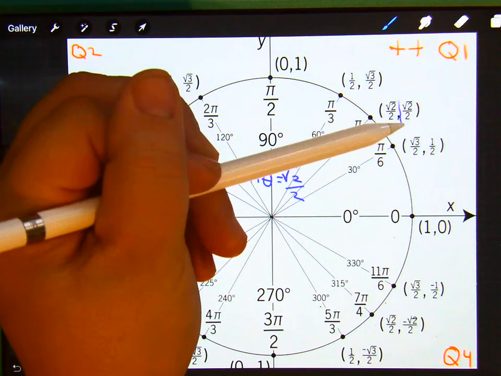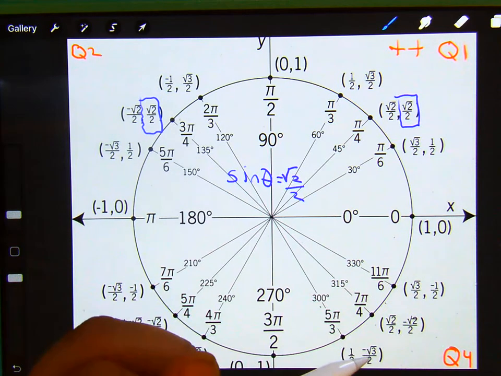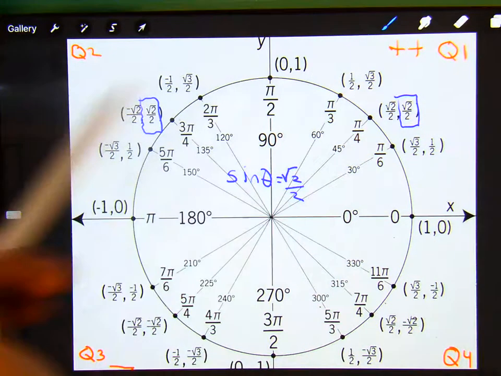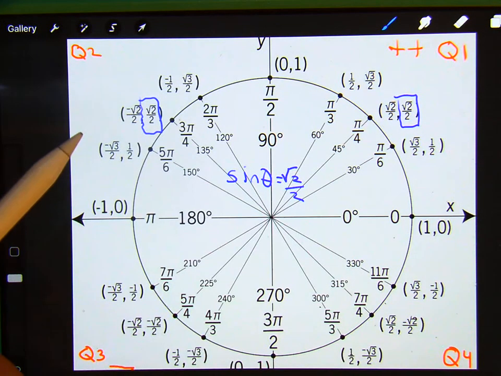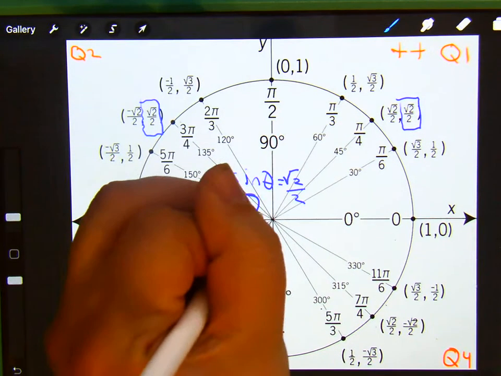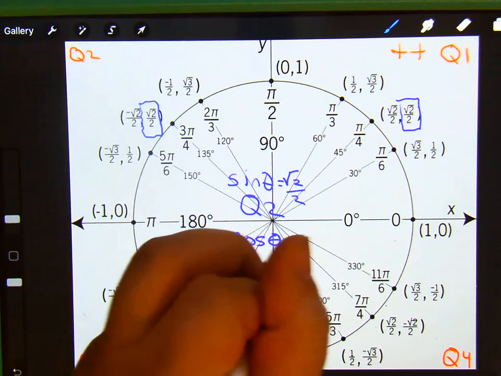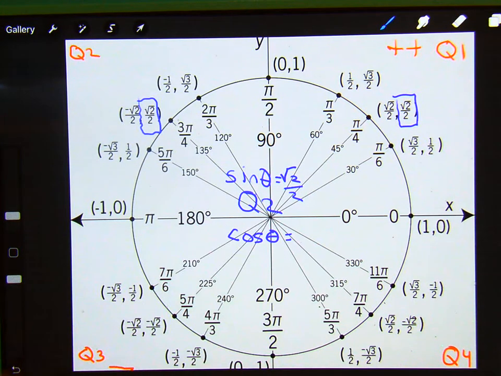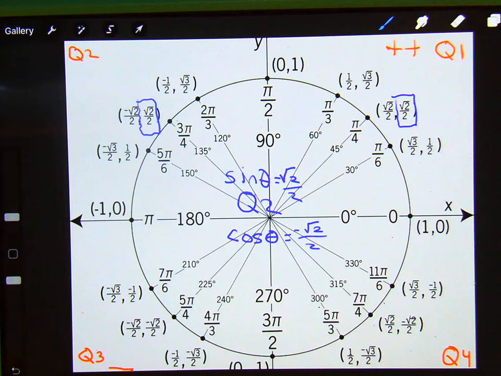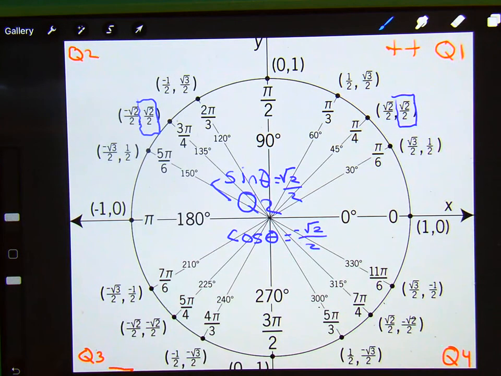Y is radical 2 over 2 when it is positive, here and here. Otherwise, down here it's negative, so those aren't my options. So my question is, is it quadrant 1 or quadrant 2? That would tell me what my cosine is. I'm going to say quadrant 2. So what does cosine theta equal? Negative radical 2 over 2. So with these two bits of information, you can find this other one.